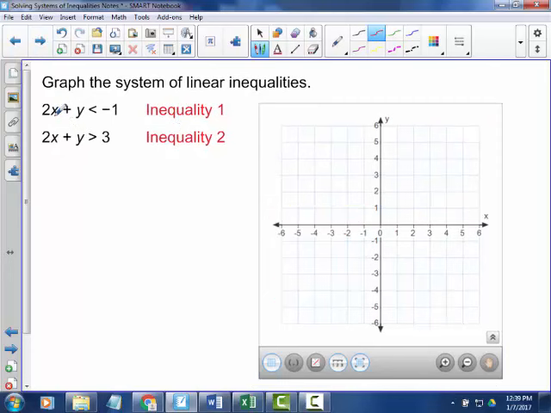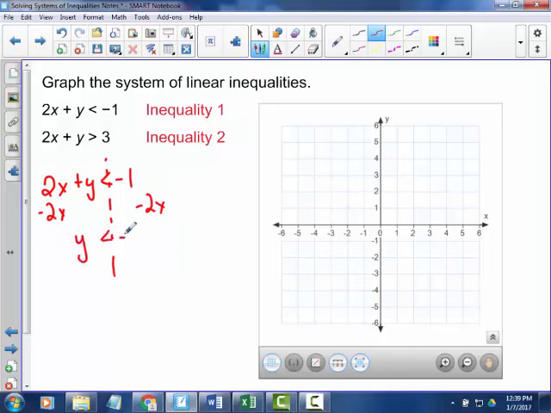Graph this system. Okay, now this is written in standard form, so we're going to have to put it in slope-intercept form. So we'll subtract the 2x. Just going to put a little line there. Subtract the 2x, and y is less than -1 minus 2x. So we go to -1. We have a negative slope, so we rise 2 and to the left 1, or we fall 2 and to the right 1.